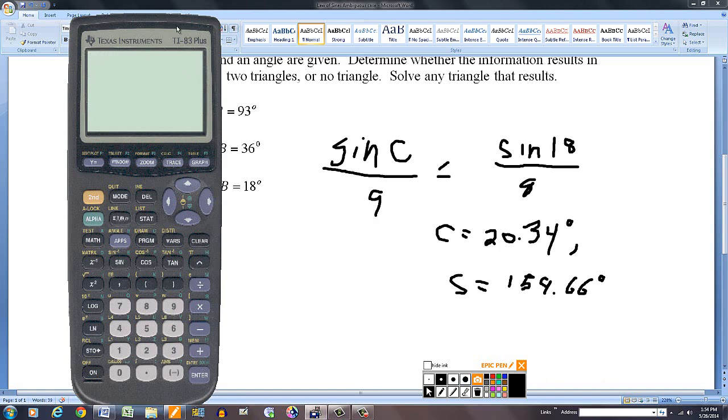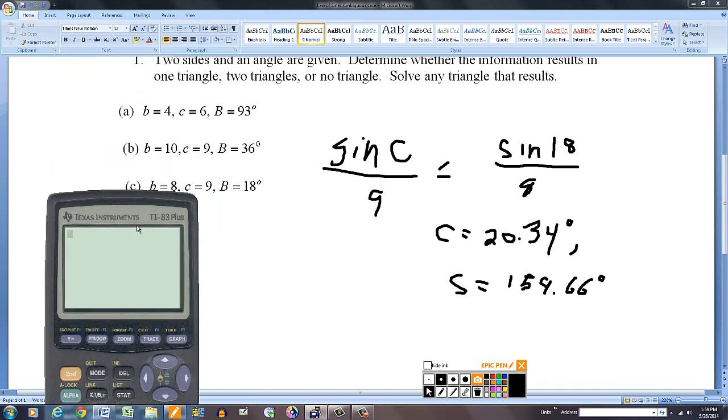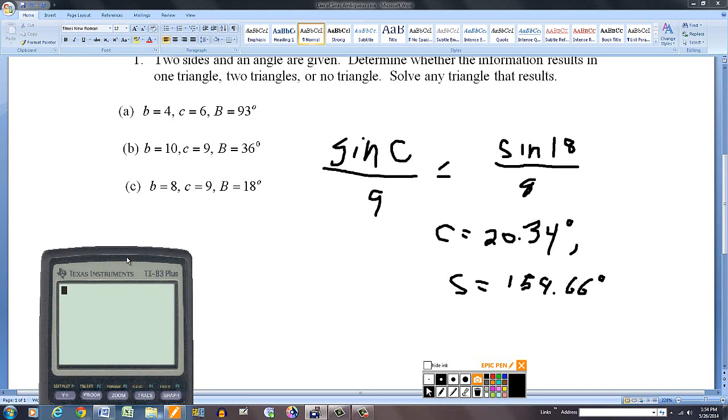There it is. And remember, the way you know that you have two solutions is you take the supplement, which is right here, and add it to the given angle, which is 18. So 159.66 plus 18.